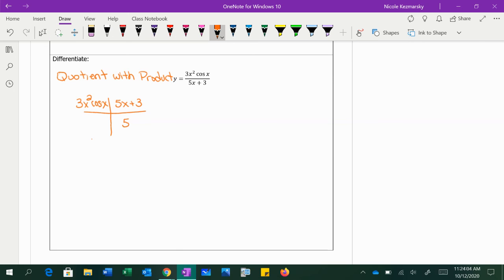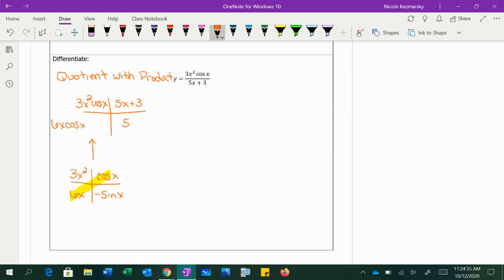So to find this box, I'm going to do another box with 3x squared and cosine of x. 3x squared, the derivative is 6x. Derivative of cosine is negative sine of x. So I'm going to do 6x times cosine of x. So I'll write that over here, 6x cosine of x.